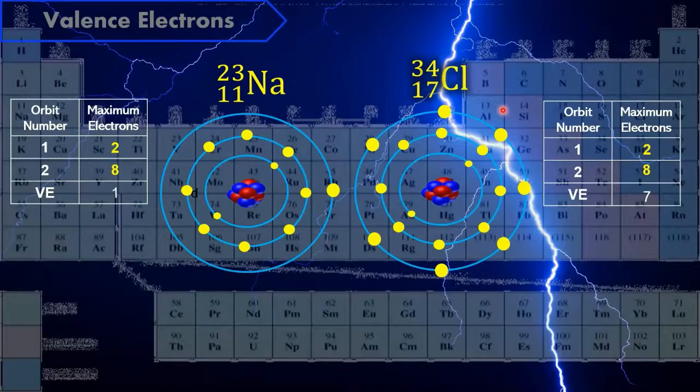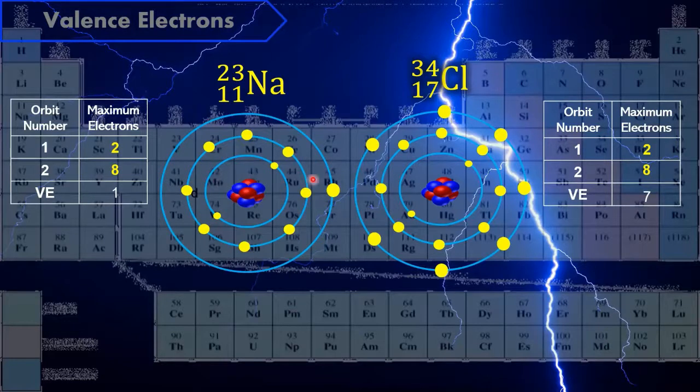If we combine these two elements, sodium and chlorine: sodium is a metal, and all metals are always the giver, the ones who lose electrons during chemical bonding. Non-metals are the ones who receive, or gain, electrons during chemical bonding.